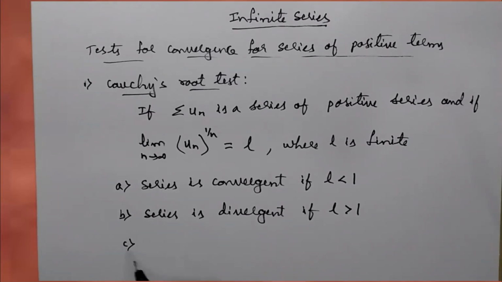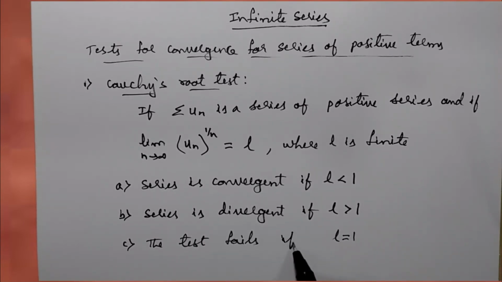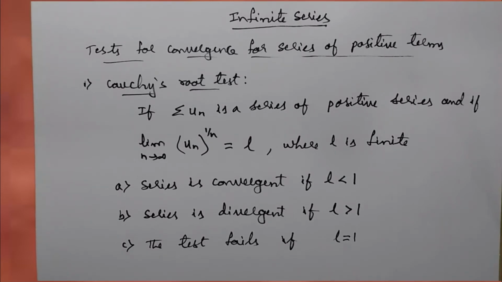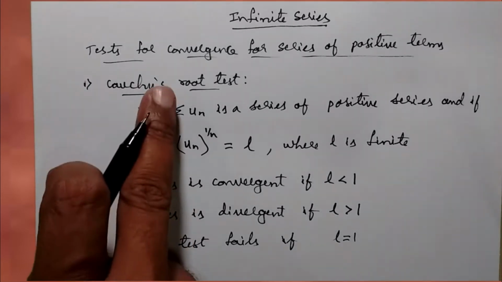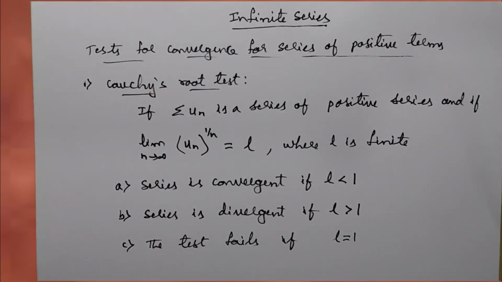The next possibility is that the test will fail. Besides L less than 1 and L greater than 1, the other possibility is when L is equal to 1. So the test fails if the value of L is equal to 1.